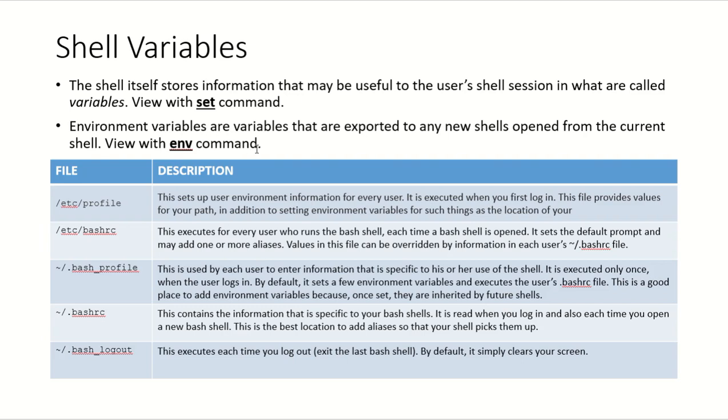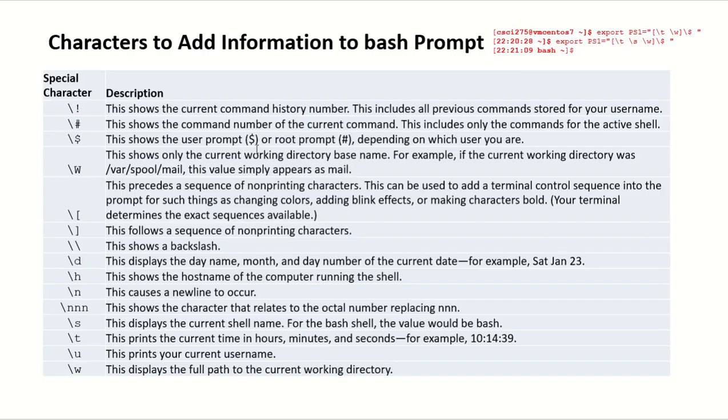The shell variables can be viewed with the set command. Those can be customized and specific to your setting. So here are some syntaxes and characters you can use to customize it.